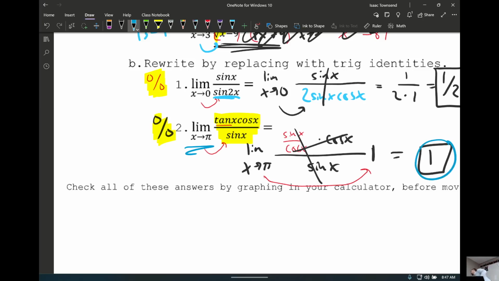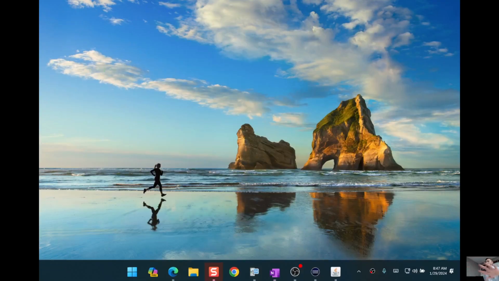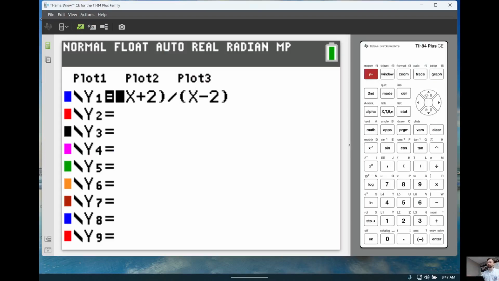Last time I asked you to do that a couple of times to practice. Today there's only 7 questions on the back, so it might be worthwhile to just do them all that way. But I will graph this one just to remind you of what I'm talking about here.